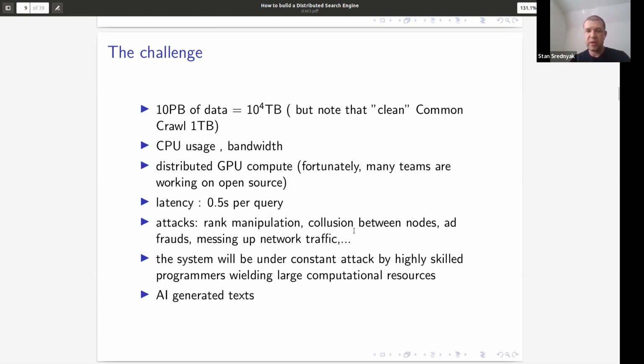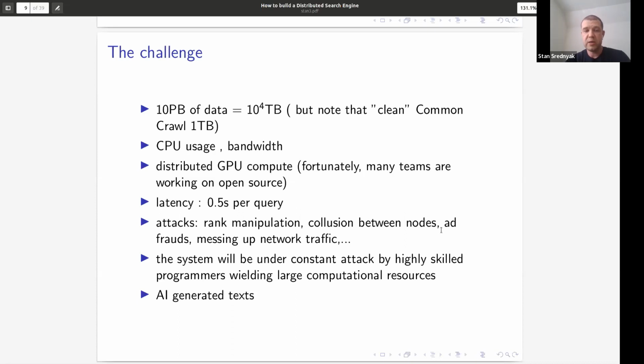So we have to prevent collusion between nodes that are delivering rank results. And apart from that, there is the known issue of advertisement fraud, when attackers try to cheat the system by simulating clicks. And even on the network level, there could be actors that try to mess up network traffic in various ways.